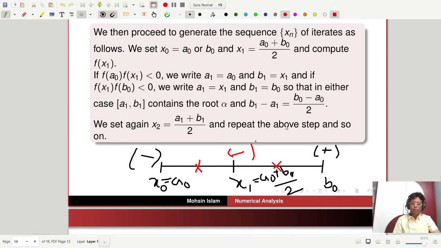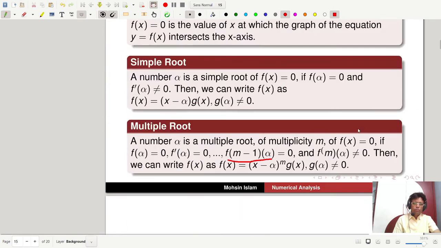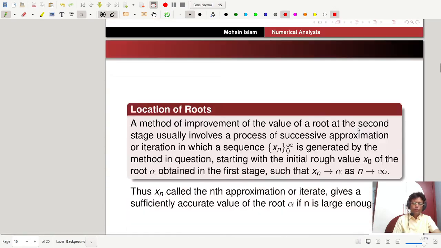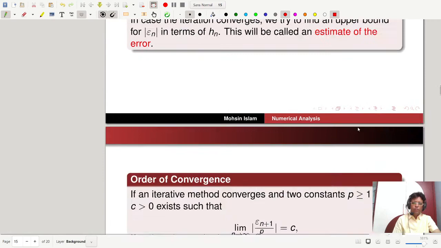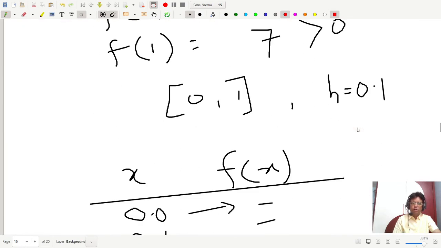Let me again explain with a diagram. A diagrammatic representation will give you a very clear picture.